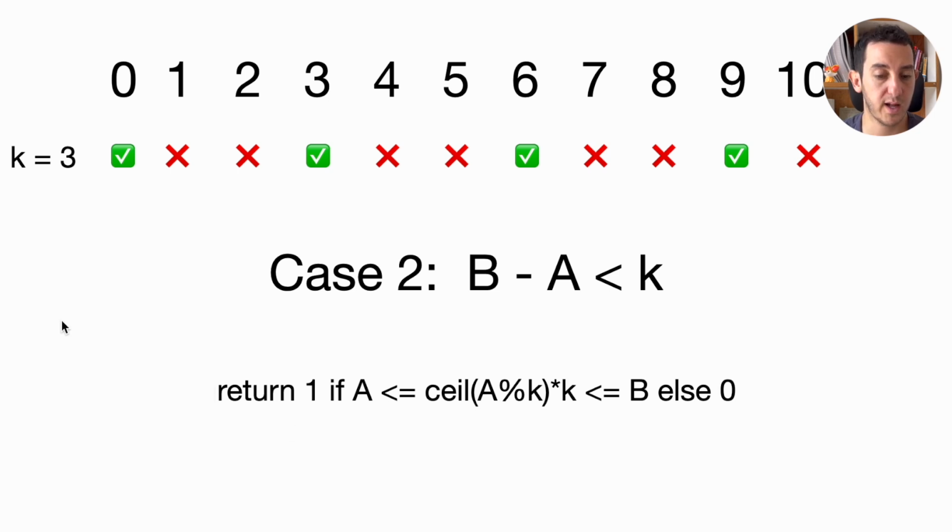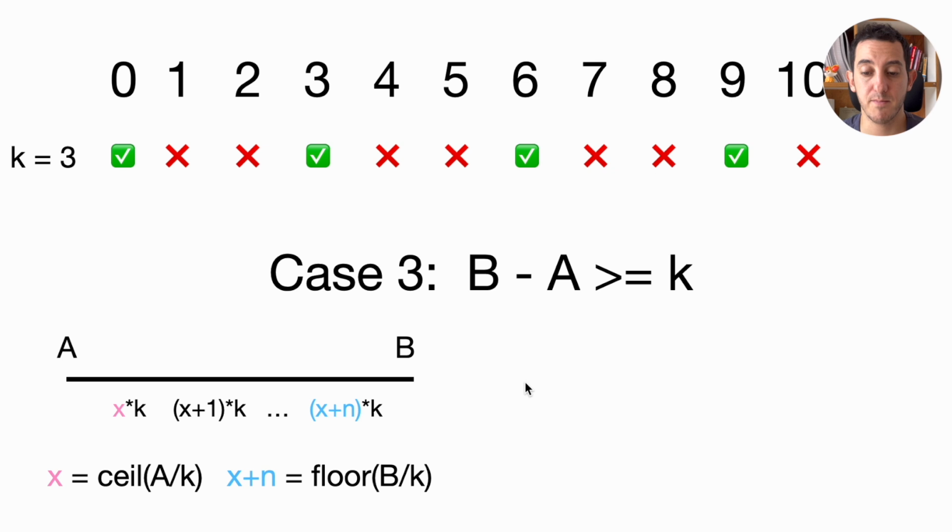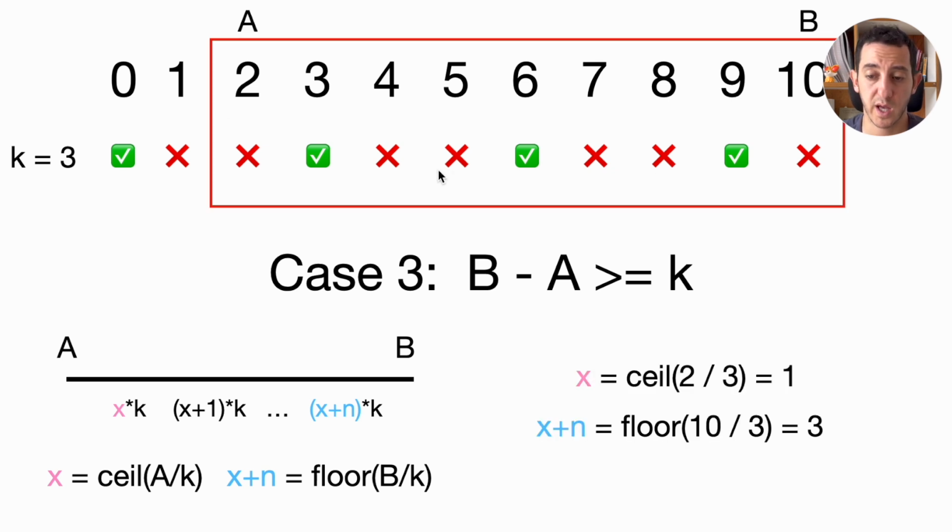So let's go ahead and look at case 3, where b minus a is bigger than or equal to k. In this case, we'll have a long range, and here we have one or more items that are divisible by k within this range. So I draw them like this. X in this case will be the same that we have before, which is the number that's bigger than or equal to a, that's divisible by k, the first one.